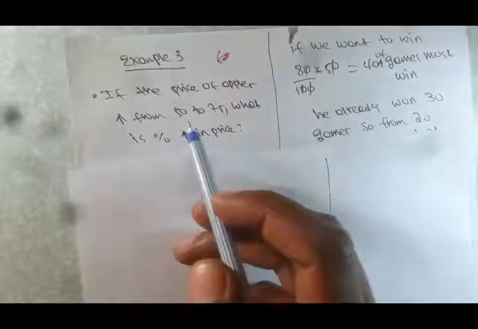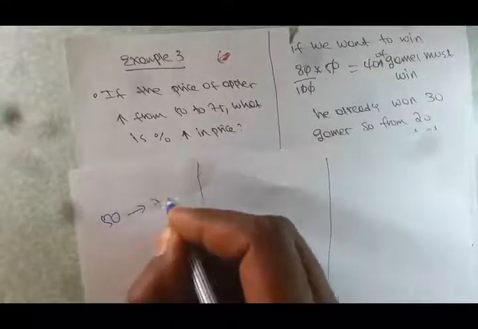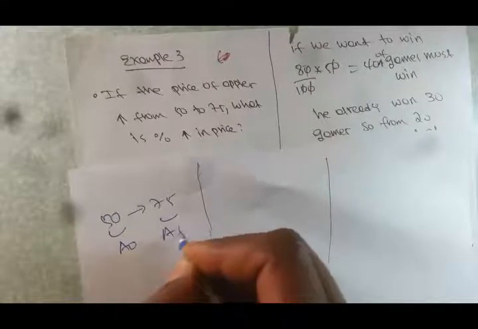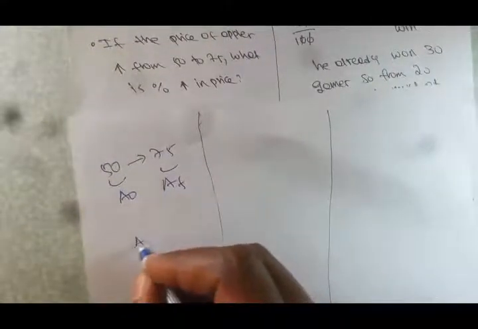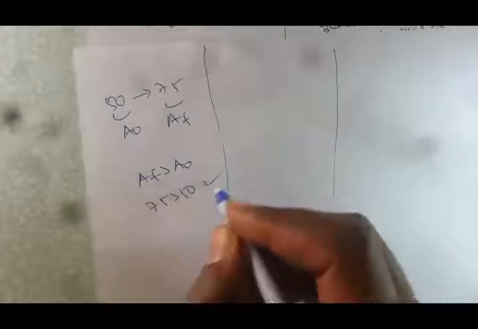Example 3 says that if the price of an apple was increased from 50 to 75, therefore this is A0, this is A final, and we observe that A final is greater than A0. That means 75 is greater than 50. This is true. Therefore, there will be a percent increase.